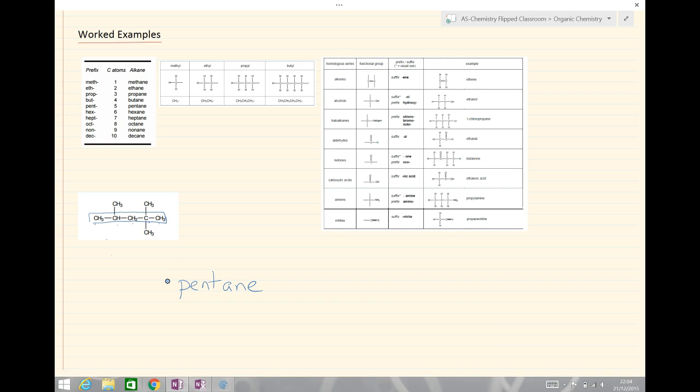So what do we do? Well, we look at those side groups. The first thing to say about them is they are all the same. They're all 1 carbon chain length, and therefore we can name them as methyl.